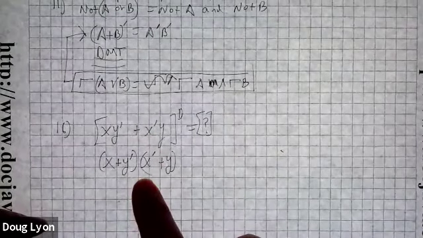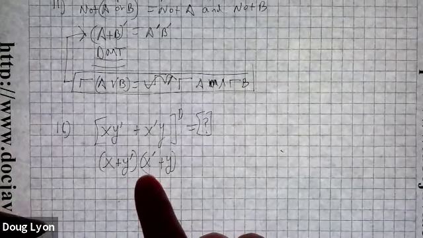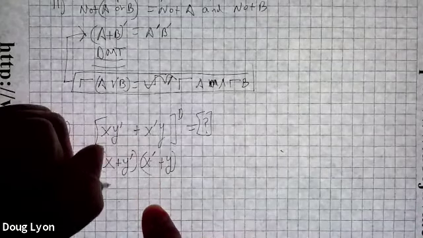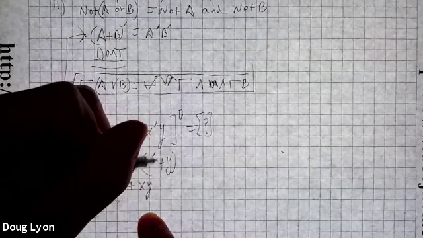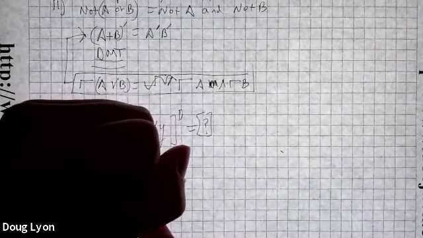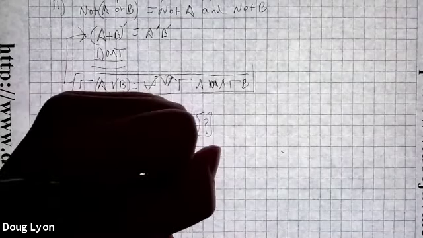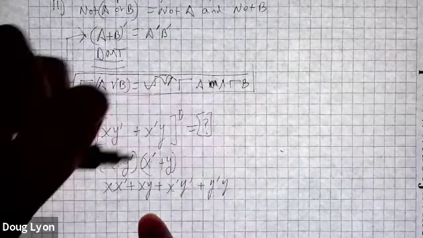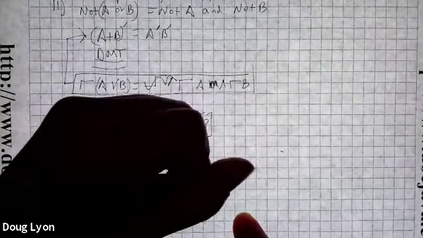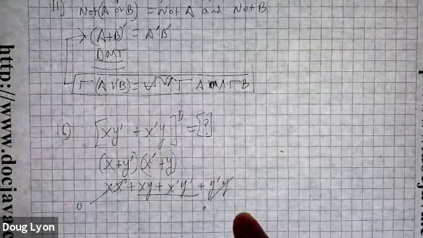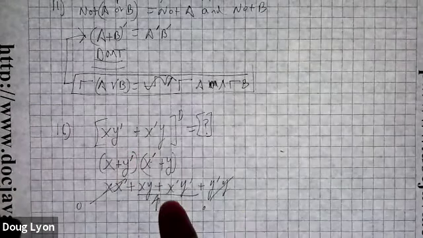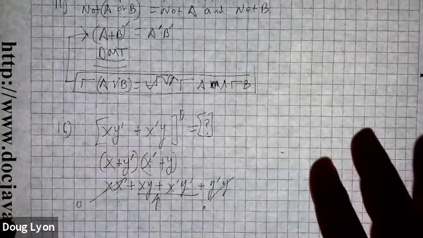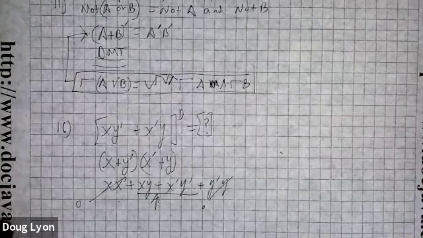So that was the dual, but you can simplify this, right? Because x times x prime or xy or x prime y or y prime y. And then we said, aha, that's equal to 0, and this is equal to 0. And now we have exclusive NOR. That's what that is. But we haven't discussed that yet.